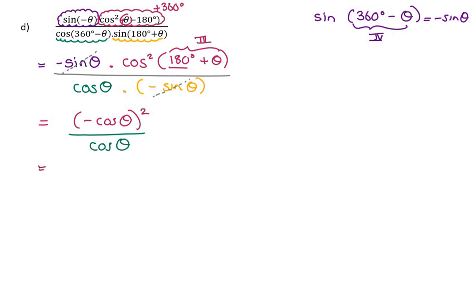So negative squared would basically just be cos squared theta divided by cos theta. So basically I have cos squared at the top and cos at the bottom. One of them will cancel, and I'll simplify down to cos theta. That's generally a 4, 5, 6 mark question, and really quite nice because it involved a negative angle and the idea of adding 360.